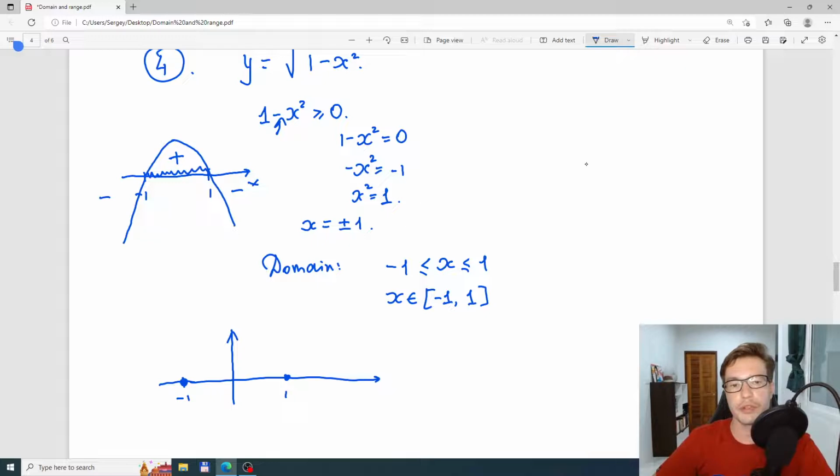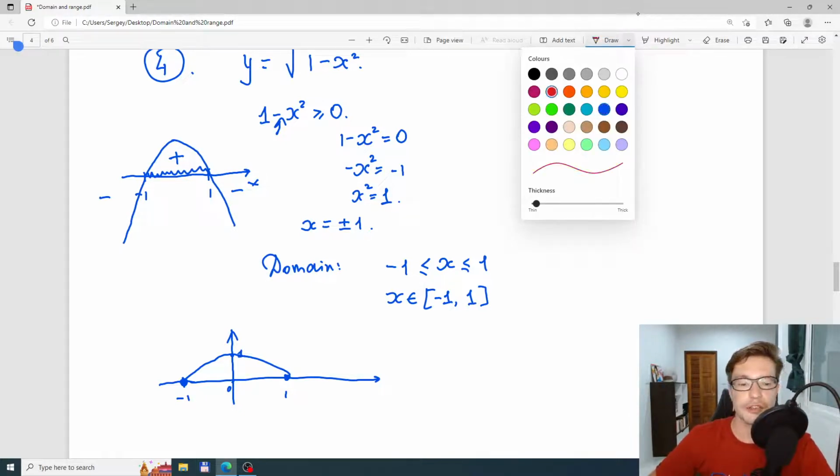Let's substitute x equals 0, we get 1. And then when x goes from 0 to 1, our output values are going to decrease. So the graph is going to look like that. And the same happens to the left of 0. So this is our sketch.